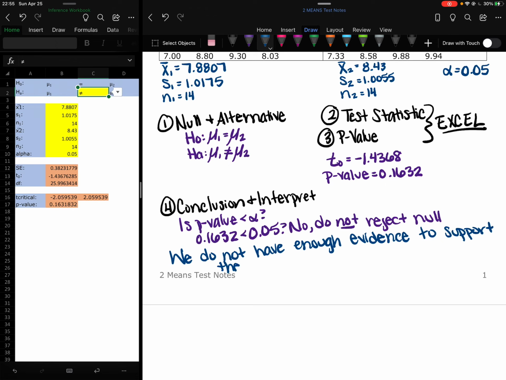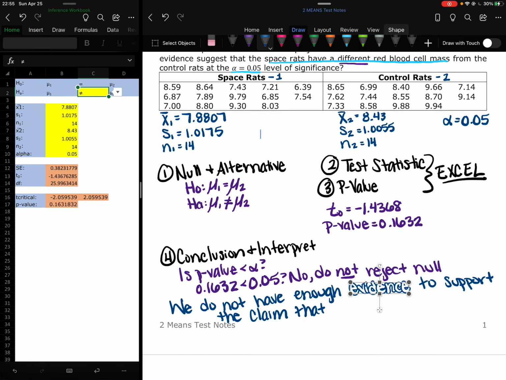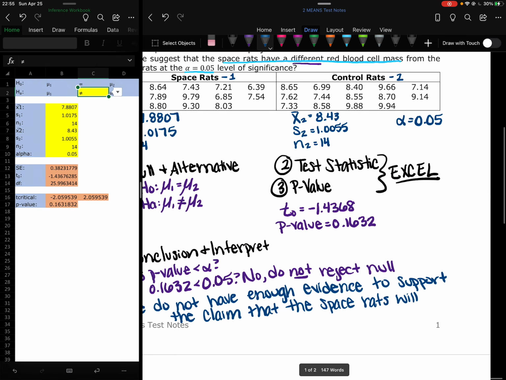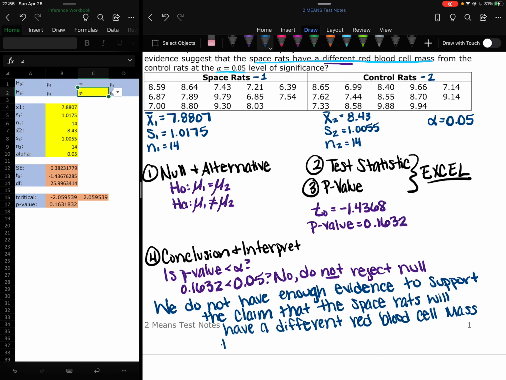So we do not have enough evidence to support the claim that the space rats will have a different red blood cell mass than the control group rats.